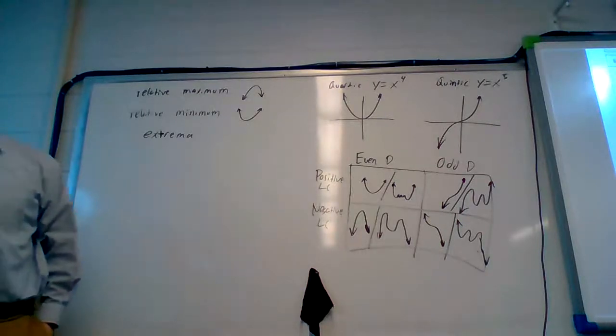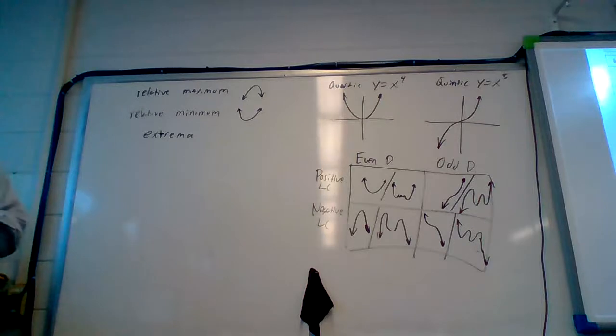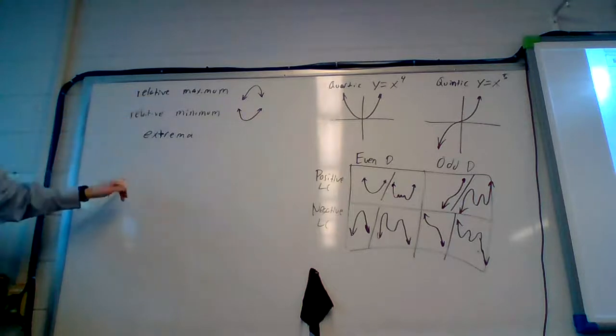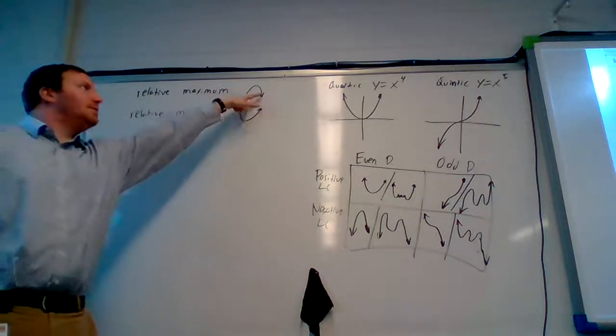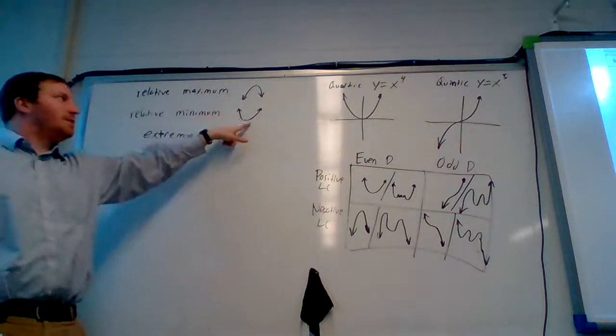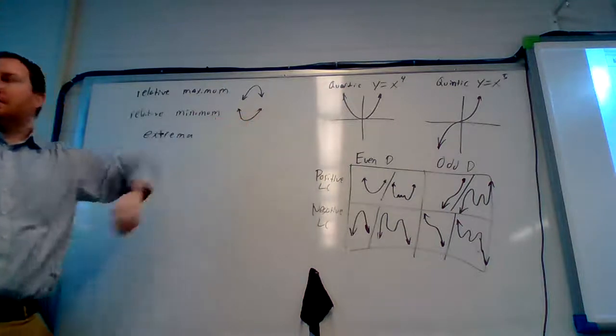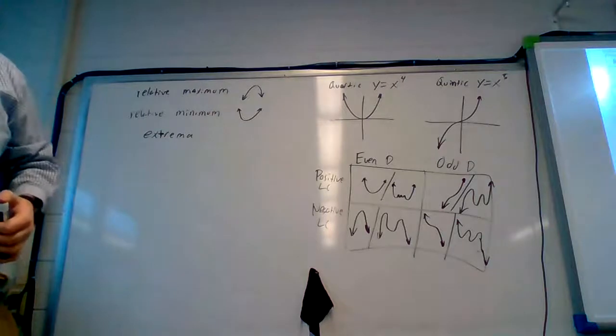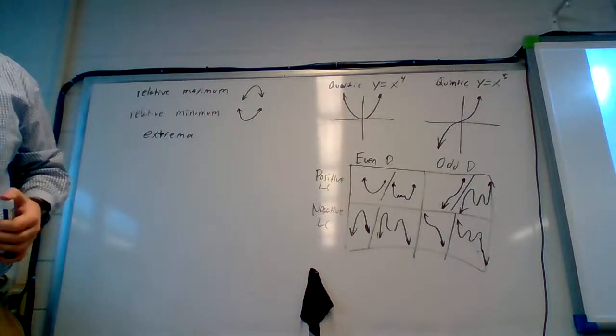These turning points define where the function is increasing or decreasing. So anytime we have a maximum or a minimum, that means we're changing either from increasing to decreasing or decreasing back to increasing. And we can use our calculators to find these exact points or very, very close to it.